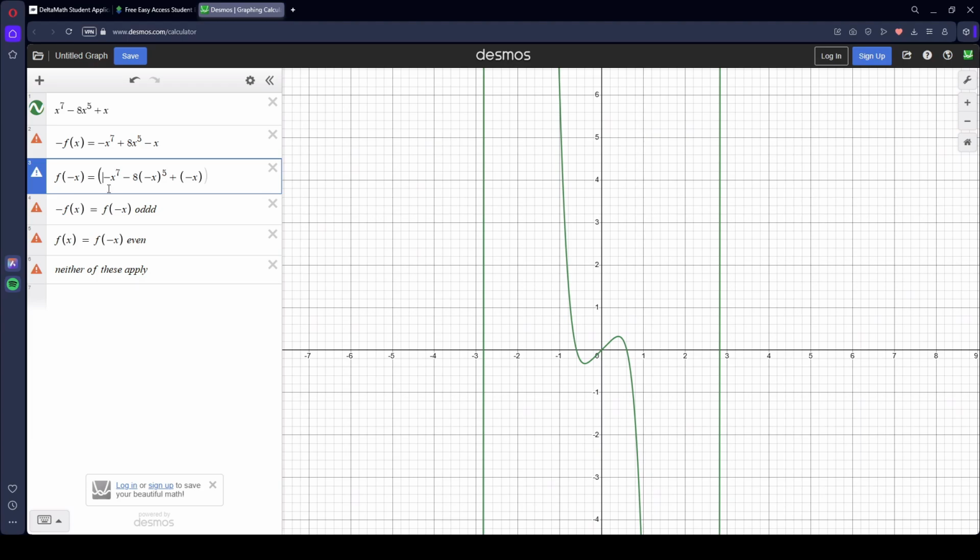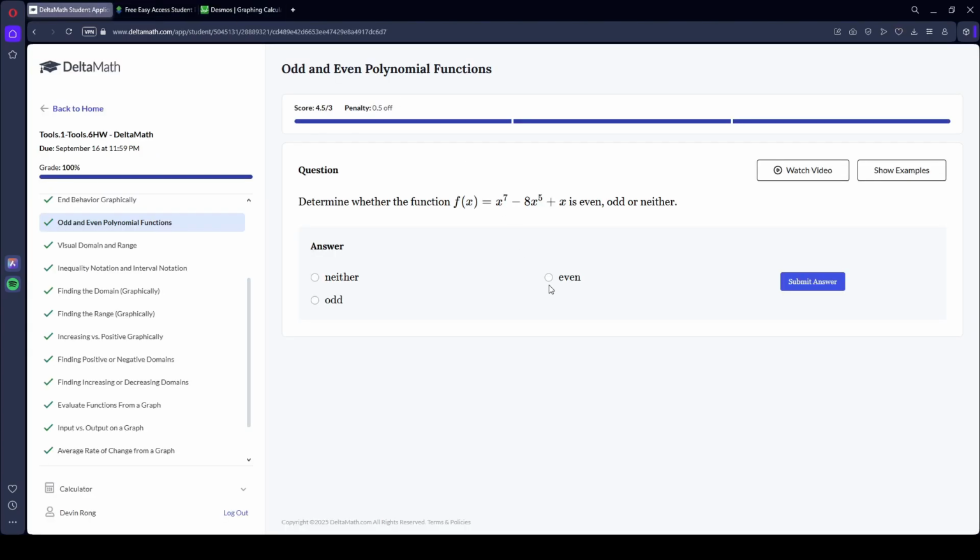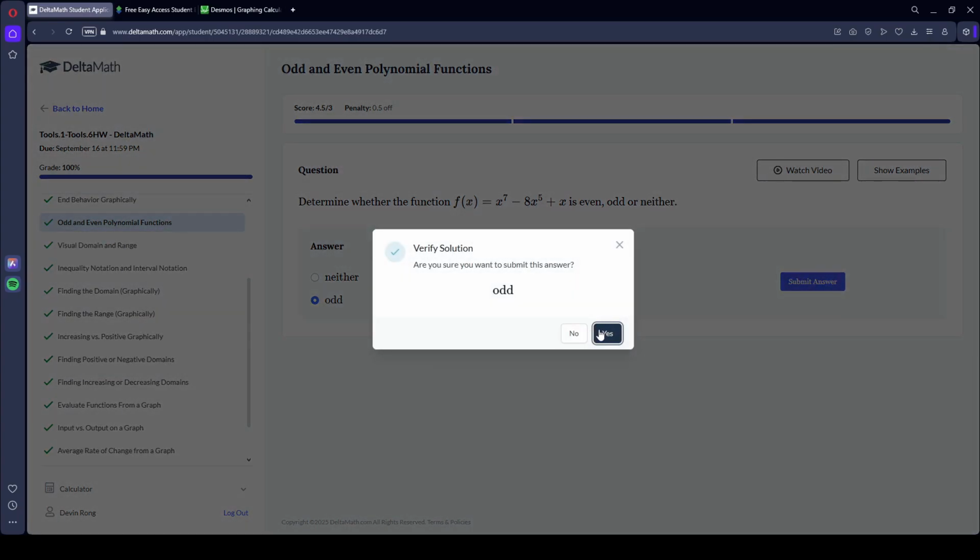Negative x 7, same thing. Next, negative x to 5. Now I multiply by 8, so these negatives would cancel out, leaving us with positive x plus 5, and minus x is equal to negative x. These are equal, which means this is odd yet again.